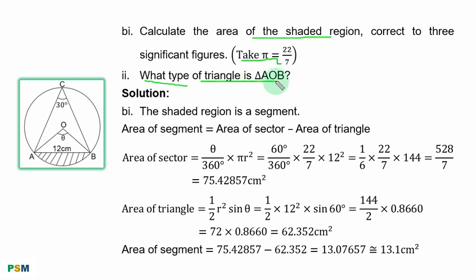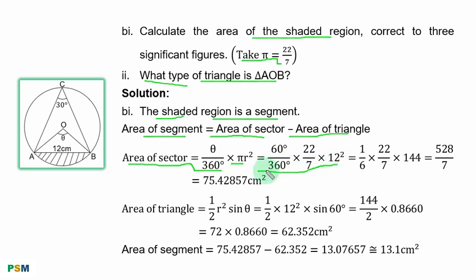Solution. The shaded region is a segment. Area of segment is equal to area of sector minus area of triangle. Area of sector is equal to theta over 360 degrees times pi r square. You have it in this form.